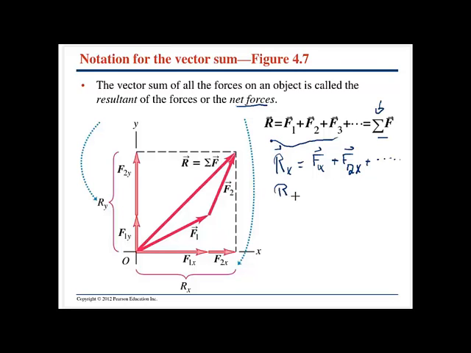Similarly, we can say the same thing for the y direction: force 1 in the y direction plus force 2 in the y direction, so on and so forth. So what I'm really doing is writing the resultant in the x direction as being equal to the sum of forces in the x direction, and the same for the y direction as well. If we're talking about the third dimension, the z dimension, we could do the same.